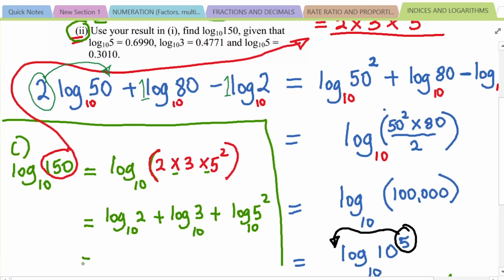So that's going to be equal to, now what's the log of 2 base 10? According to our question, the log of 2 base 10 is given as 0.3010.